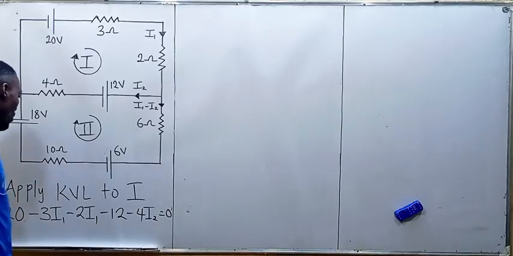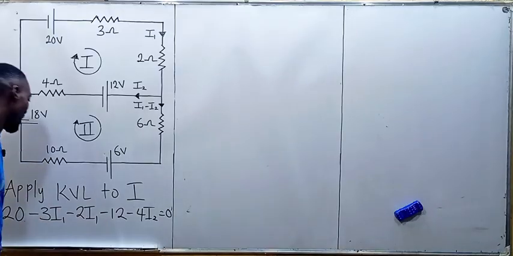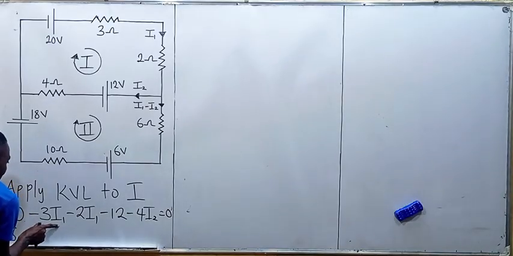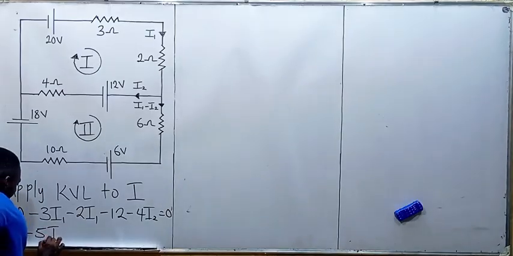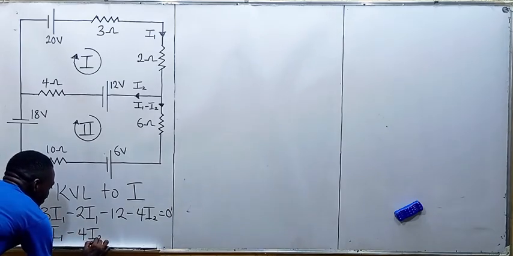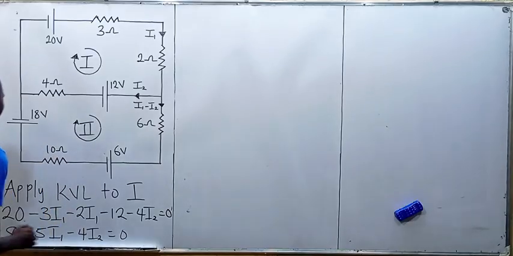If we simplify further, 20 minus 12 is 8. Then minus 3I1 minus 2I1 is minus 5I1. Then minus 4I2, and everything equals 0.